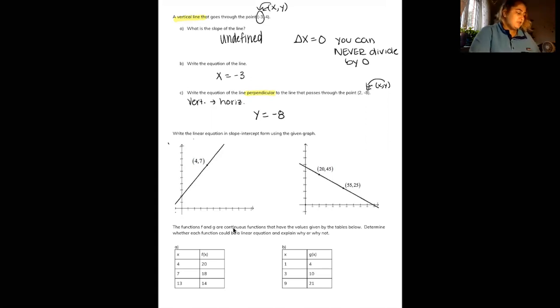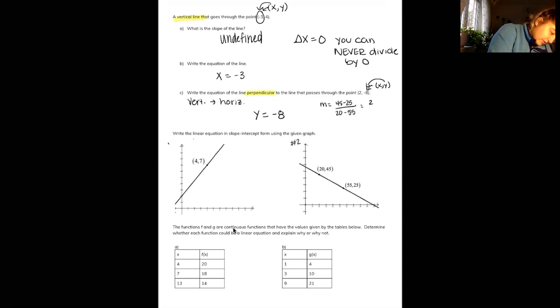So the next thing I want you to do, and I think I'm going to do this one right here, number 2, because it's not the prettiest looking problem. So I think it will be helpful if I do it. So the first thing we are going to do is find the slope. So slope is the change in y over the change in x, okay? So we have 45 minus 25 over 20 minus 55.